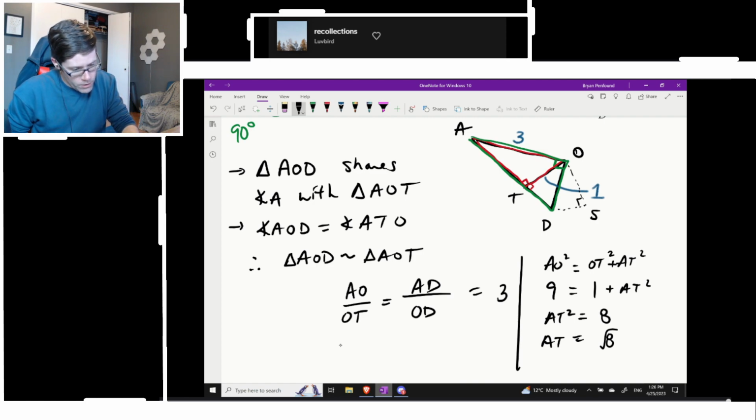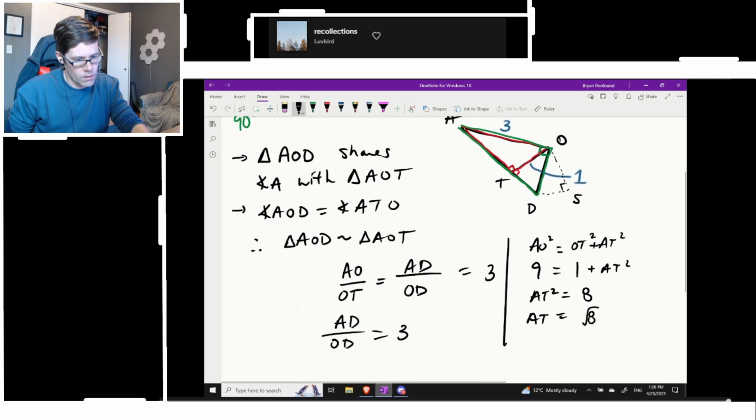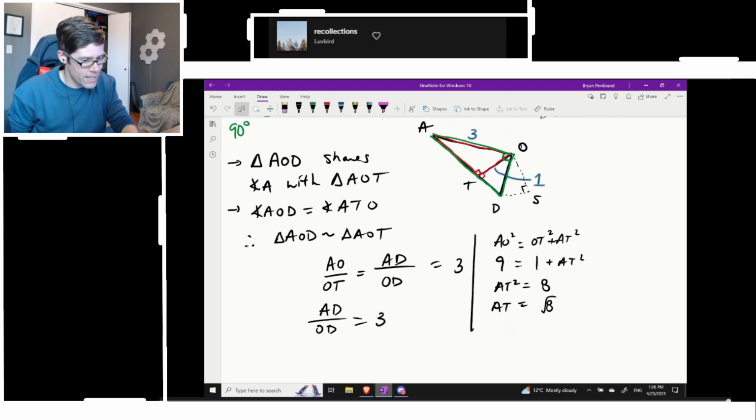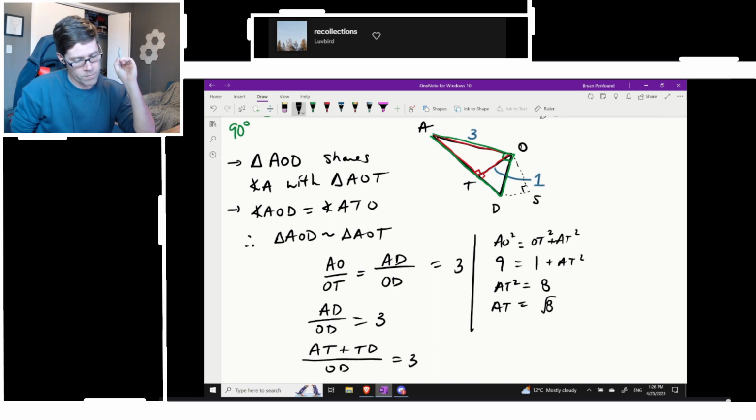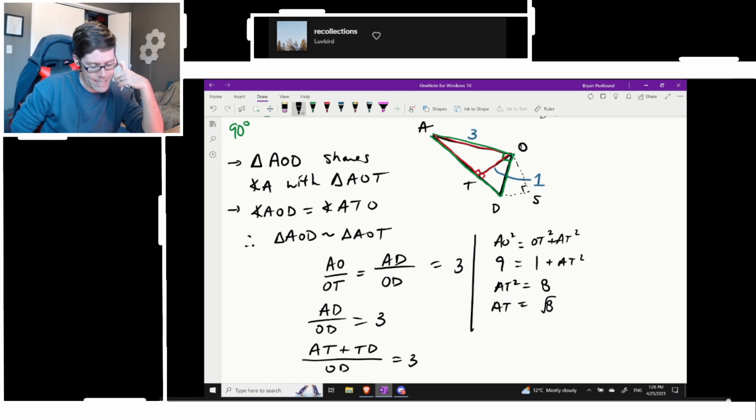Now, if the ratio of AD to OD is 3, we could probably say that AD should be equal to AT plus TD over OD. And now that I know what AT is, I can substitute that in.